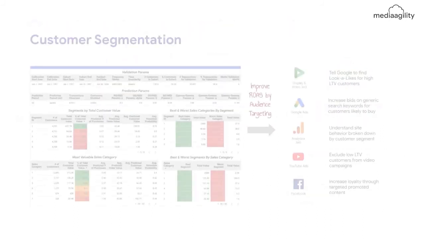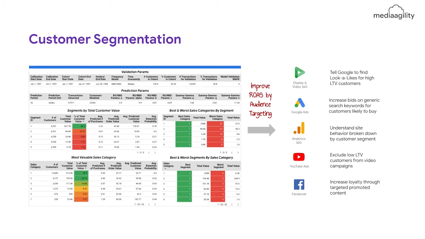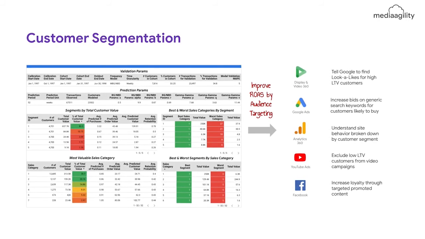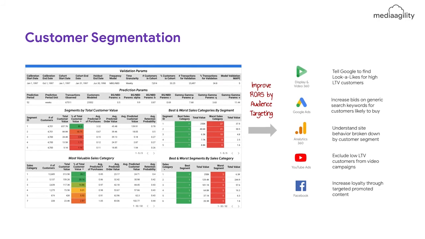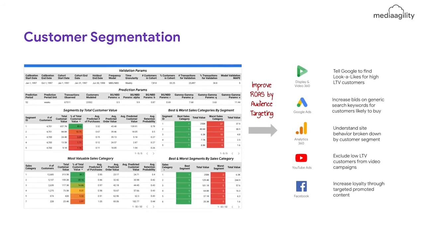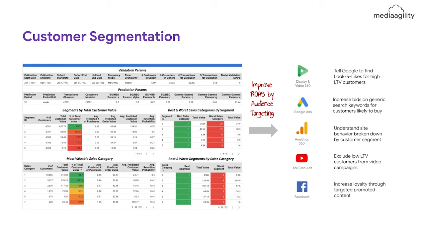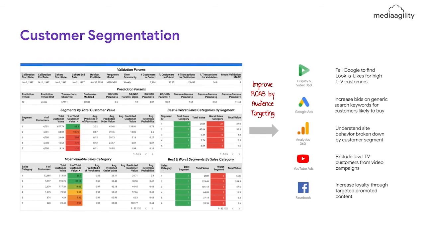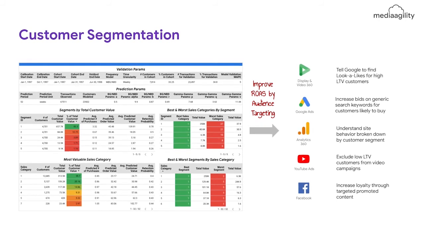And this is one of the dashboards that will give you an idea of why customer segmentation is important in order to optimize ROAS. For example, if we are able to find the high value customers, we can find the lookalikes of those high value customers by passing that information back to our marketing platforms like Google Analytics and Facebook ads.